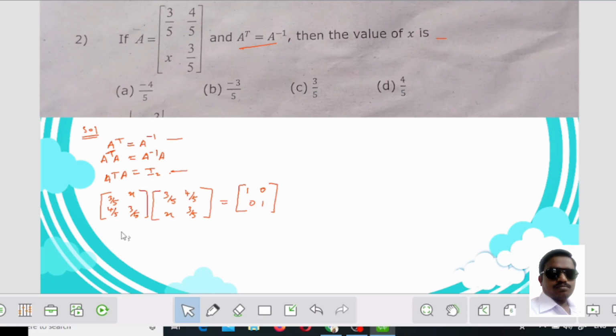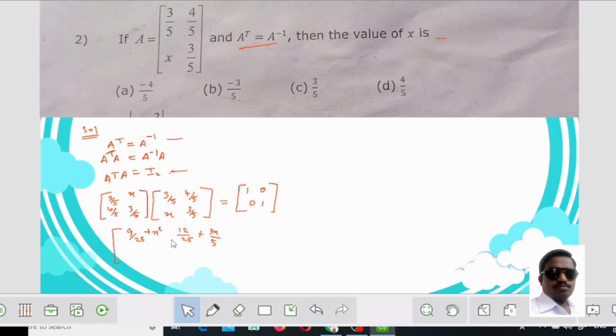Now you multiply these two, row with the column multiplication. 3 by 5 into 3 by 5, 9 by 25, x into x, plus x square. This is the first term. 3 by 5 first row and second column you multiply: 3 by 5 into 4 by 5, 3 into 4 is 12, 5 into 5 is 25, so 12 by 25, plus x into 3 by 5, that is 3x by 5.